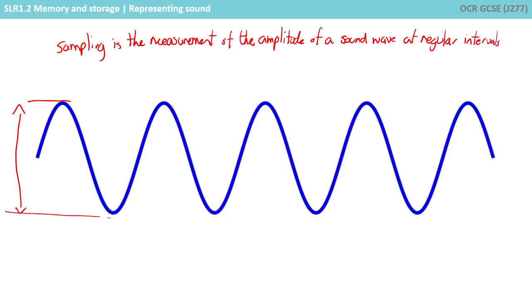So there's our sound wave, and what we need to do is measure how high this sound wave is and store each measurement as a number for the computer to remember.